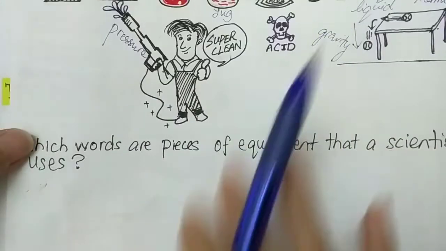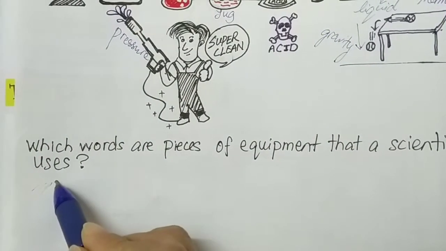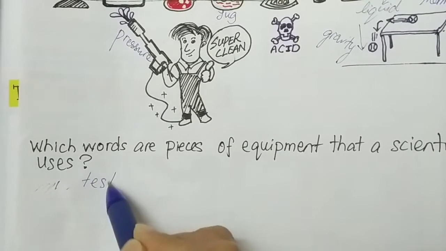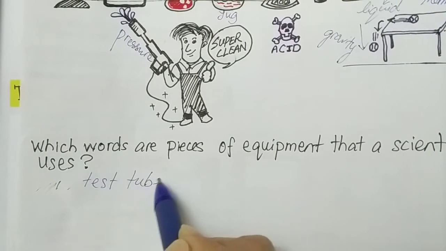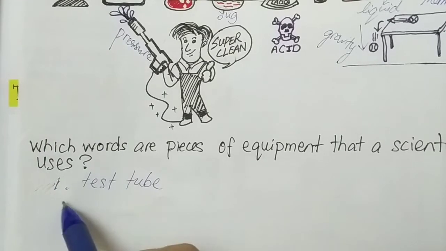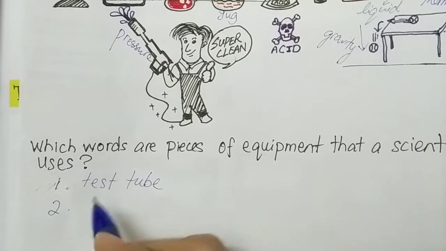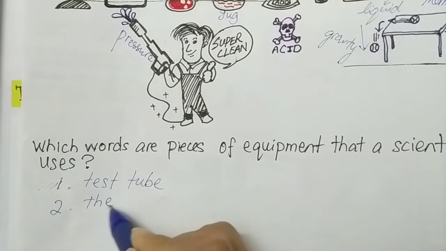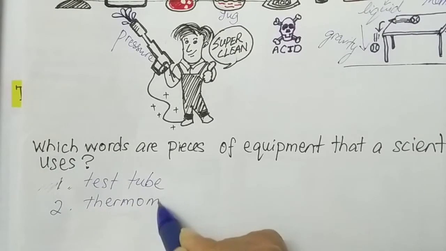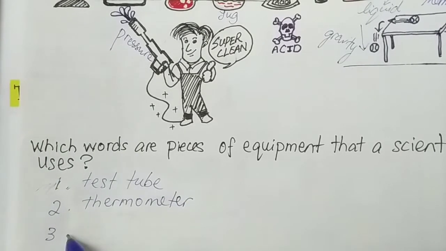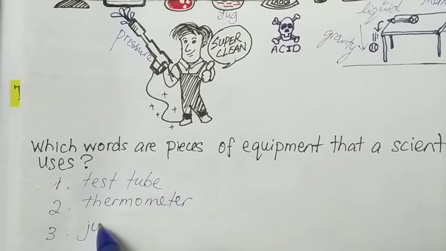Alright, so I'm going to write down the answer here. 1, test tube. 2, still remember what I mentioned just now? Thermometer. 3, jug.